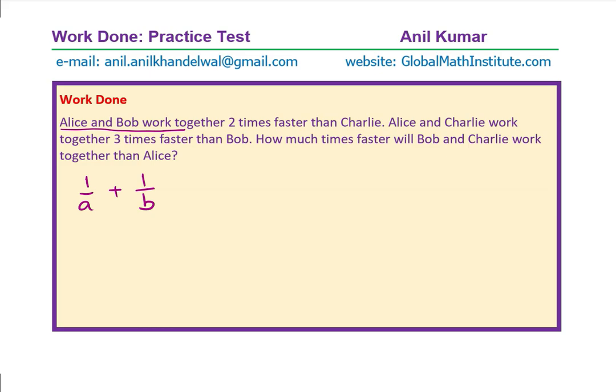It is 2 times faster than Charlie, means twice what the unit rate for Charlie is. You get the idea. So let us say in 1 unit of time, 1 over A plus 1 over B will be twice the work done by Charlie. So that gives you one of the equations, right?